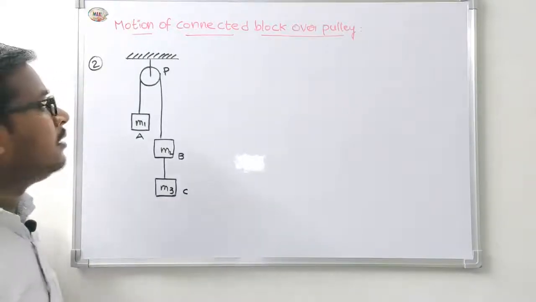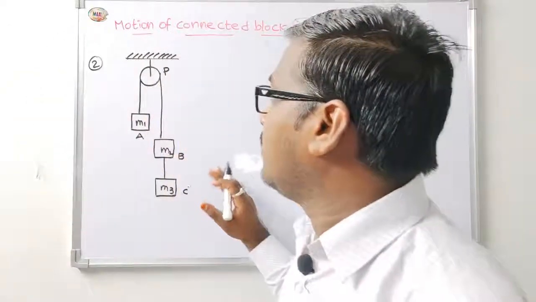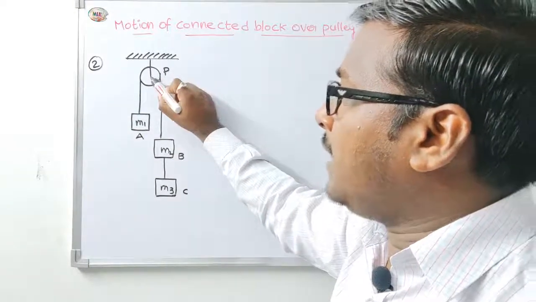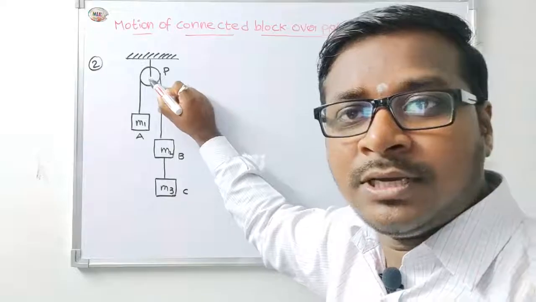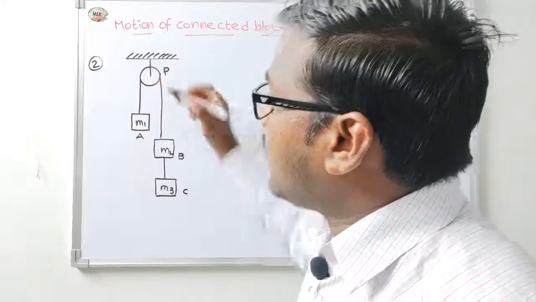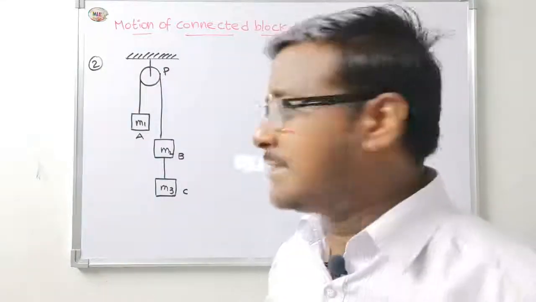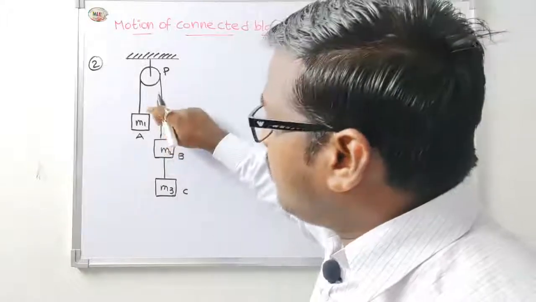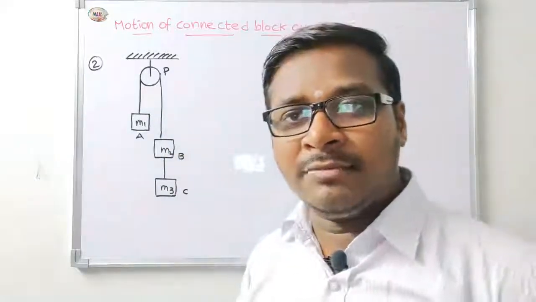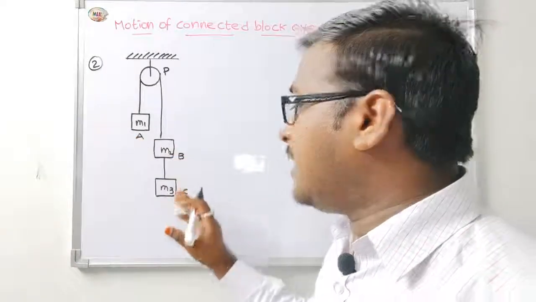Okay, in this pulley system, let us consider that one end of the string is connected to the pulley and the other end is fixed to a support. Take 3 blocks of masses M1, M2, M3, and the blocks are A, B, C respectively.